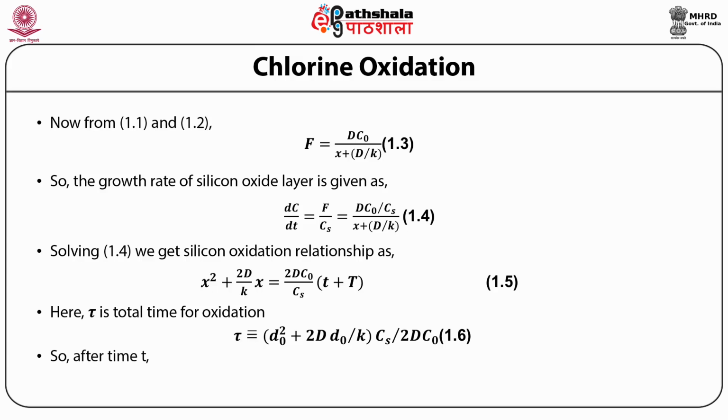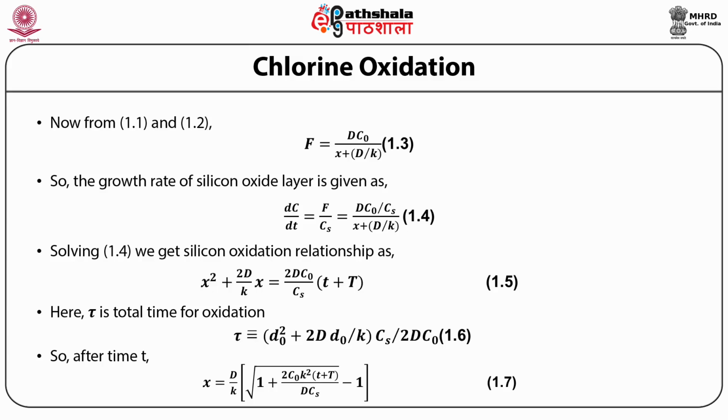So, after time t, X is equal to (D/K) multiplied by the root of (1 plus 2 C0 K squared multiplied by (t plus capital T) divided by D N0) minus 1.